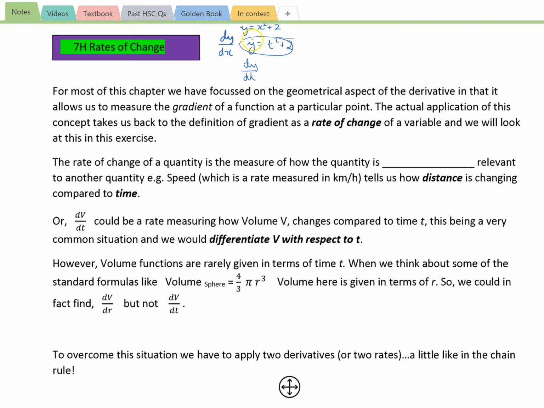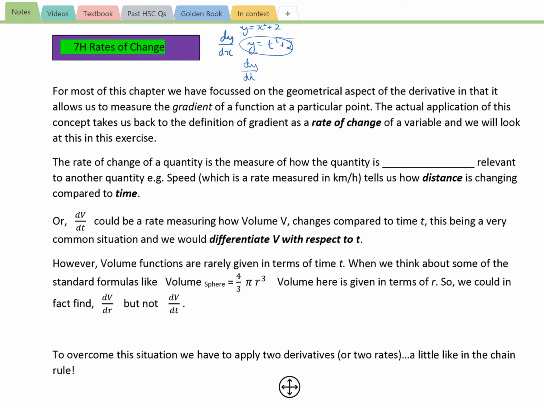So I just want to draw that to your attention, because we're going to find we have some situations where we do want dy/dx, or we might want dy/dt. However, our function will need some alteration so that we can actually carry out the derivative that we need to.